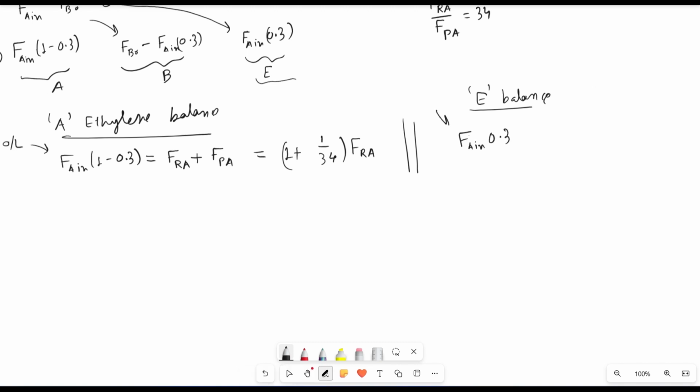This is the outlet ethanol of the reactor, which we get from here. This is the outlet of A, which we get from here.